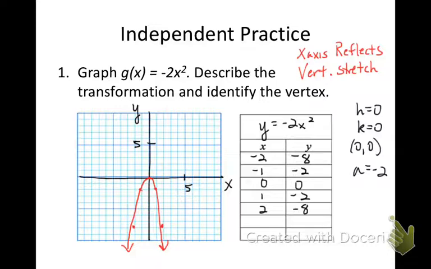So we have got a vertical stretch situation. So your graph should be opening downward. It should have its vertex at 0, 0, and then have its points so that when you draw that U-shaped curve, it is skinnier than the parent. And up in the upper right, I have our transformations written. It is an x-axis reflection and a vertical stretch. And our vertex is at 0, 0.